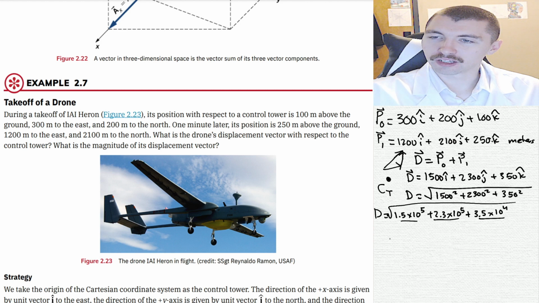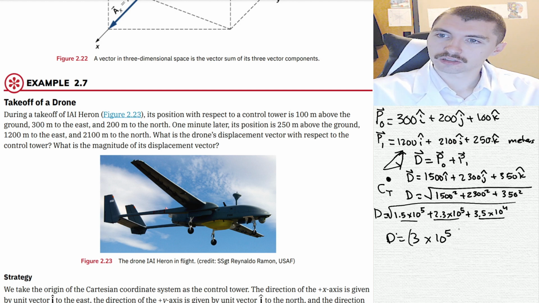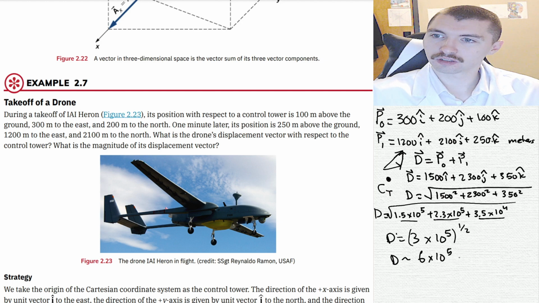So we are going to have 3 times 10 to the 5th, to the 1/2, so D is approximately 6 times 10 to the 5 meters displacement.